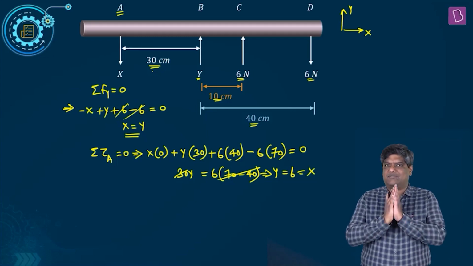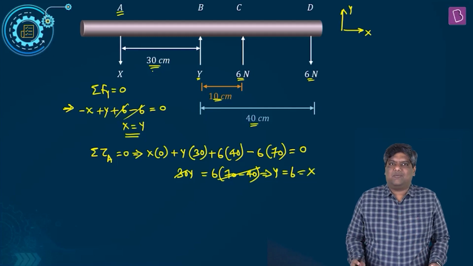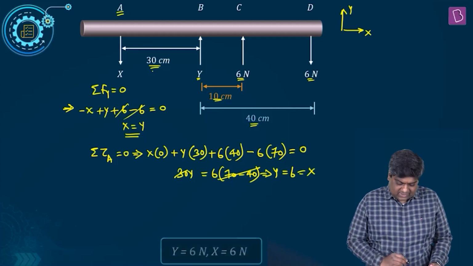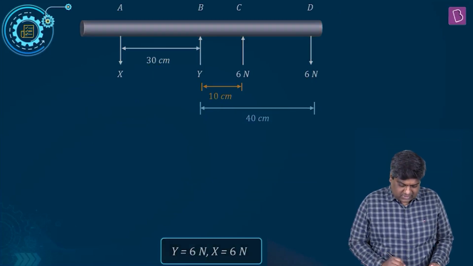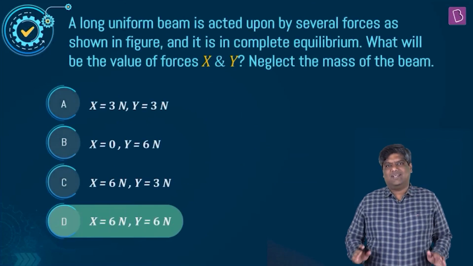So the values of x and y are, x is equal to 6 Newton and y is equal to 6 Newton. That's the required answer for this particular question. And which is the option that supports our result? Well, it is option D.